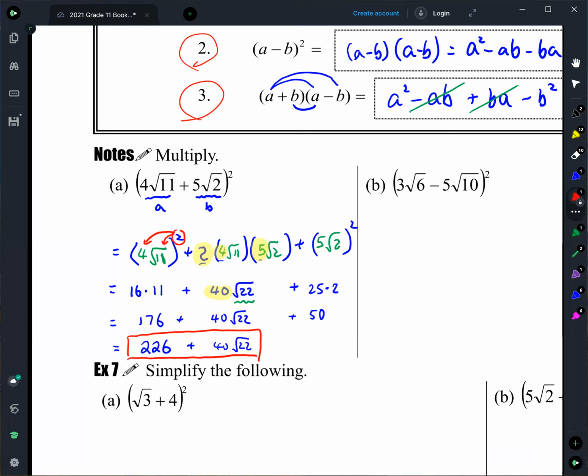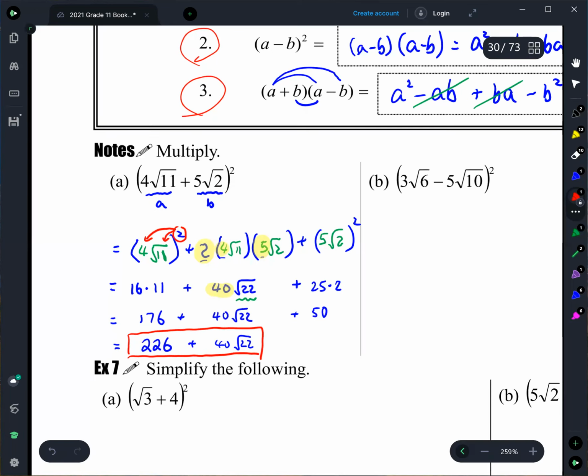Okay, so the common mistake is I see people, even though I go over this, but then in homework, you start to square each one. That's wrong, okay? You have to use the formula. So at the end, even though you end up with just 2 terms, in between, there are actually 3 parts that you need to simplify, okay?